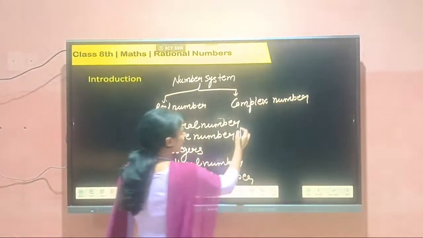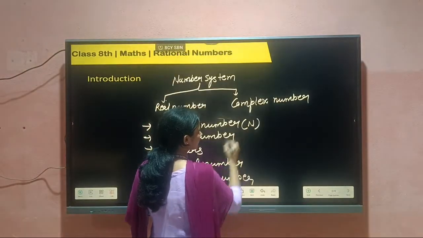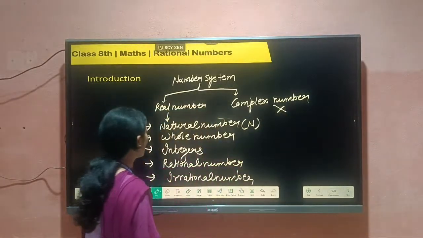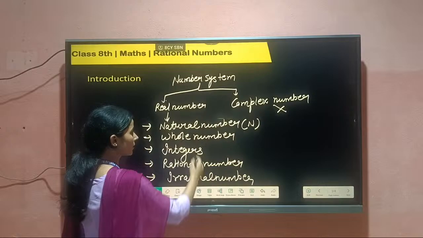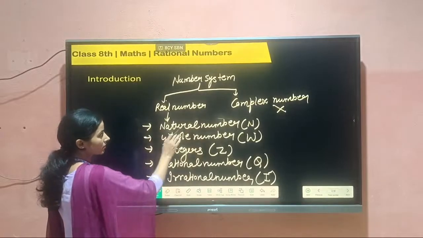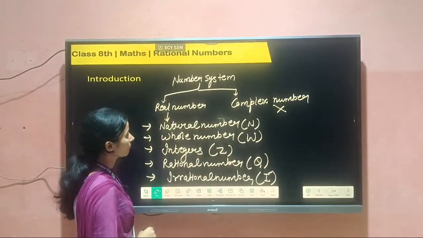Natural numbers are denoted by N. In this video, we are not going to discuss complex numbers. Whole numbers are denoted by W. One by one, we will discuss these numbers, definitions and examples.